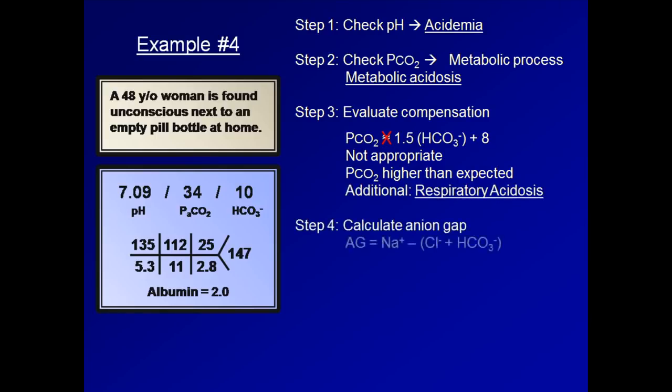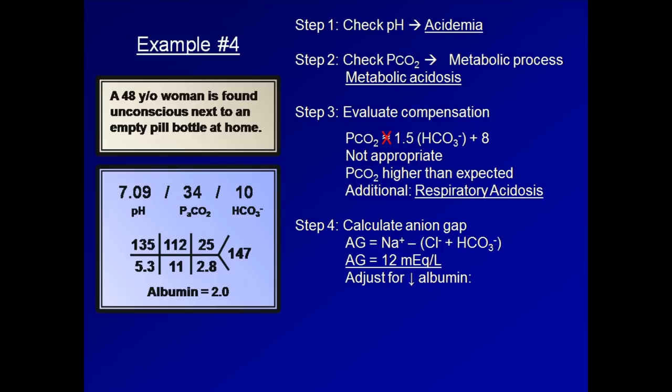The anion gap in this case is 12 milliequivalents per liter, which at first looks normal. But let's not forget that now we are given an albumin, and that's not normal. Normal albumin is approximately 4 grams per deciliter, so we must adjust the anion gap for the hypoalbuminemia.